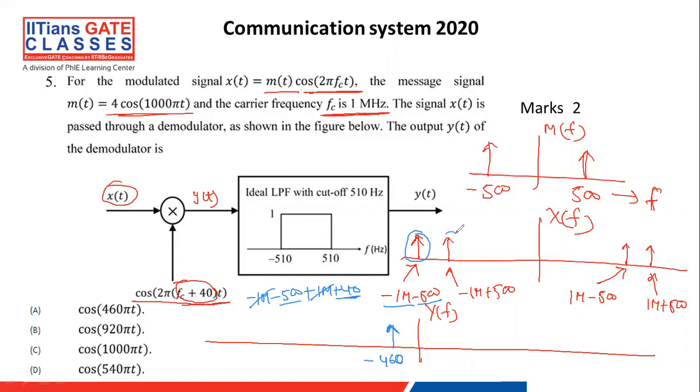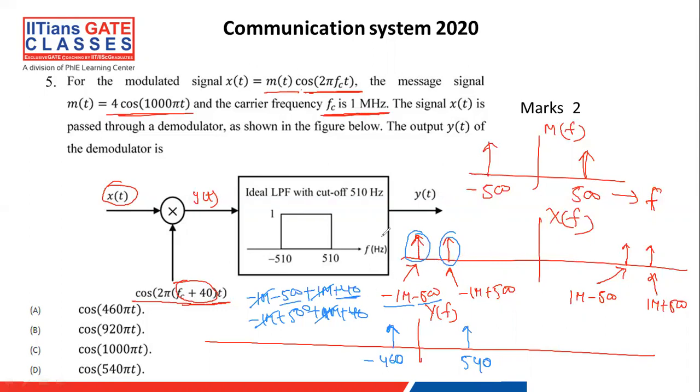This also we need to shift right by fc plus 40. So it will be minus 1 megahertz plus 500 plus 1 megahertz plus 40. Again 1 megahertz will cancel out. This will be 500 plus 40, that is 540. So this will be at 540.